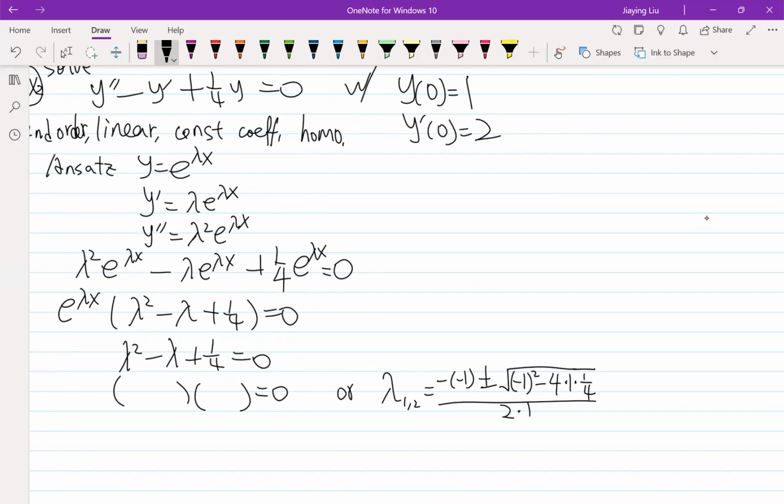If you take a close look at the square root part, we get 1 minus 4 times 1/4, which is also 1. So 1 minus 1 equals 0. So we just end up with positive 1/2.